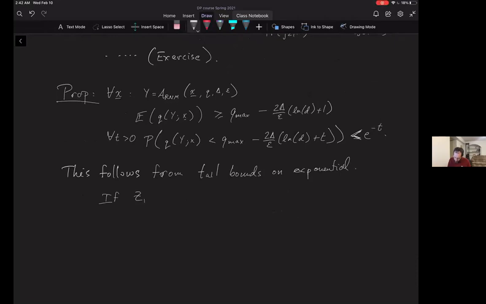If z is drawn from an exponential distribution with parameter lambda, then its expectation is exactly lambda, and the probability that it is bigger than lambda times t is equal to e to the minus t.